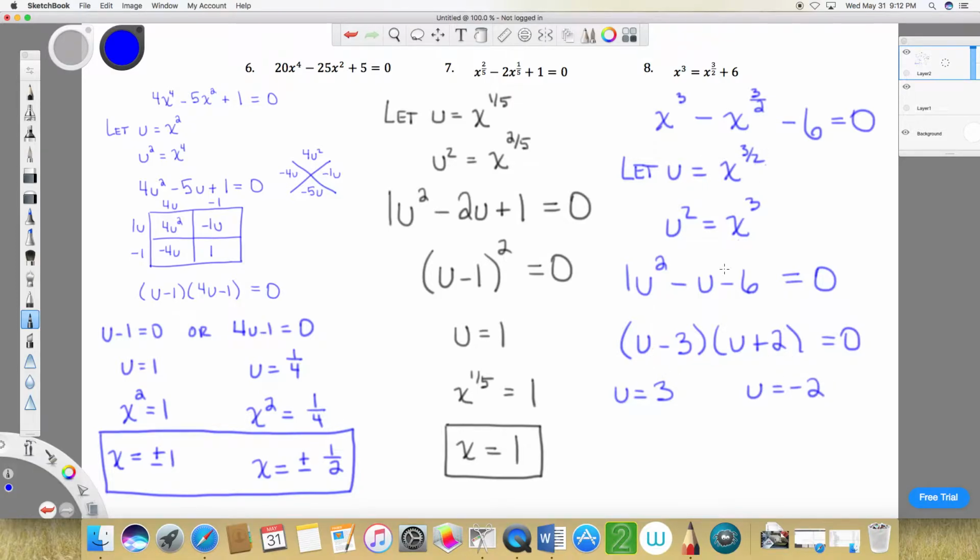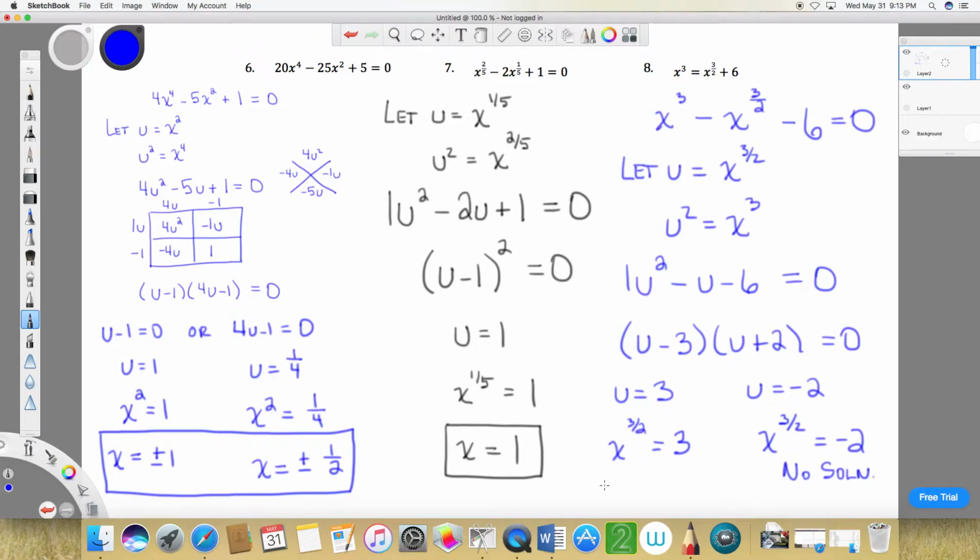If we replace u with x to the 3/2, I'm sorry, and over here, with this denominator being 2, remember this is the square root of x cubed. This has no solution. This is extraneous. This x to the 3/2 power will never result in a negative number.